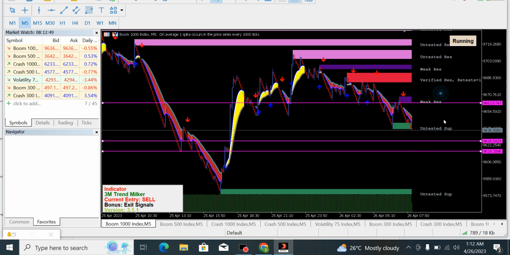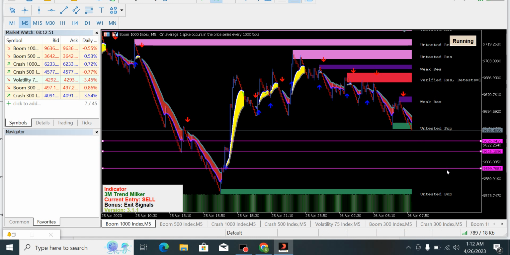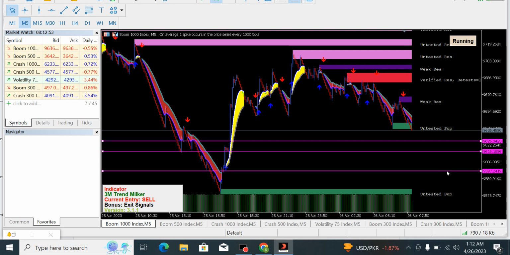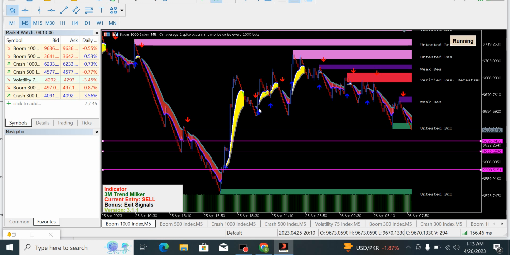And of course guys, if it breaks out from there, then this is where we should be checking out for. So we should take note of all these TPs so that we can use them to milk the market successfully. This is Boom 1000, and I'm on the 5-minute time frame. I'm using the 3M trend milker trading indicator to do my analysis right here.